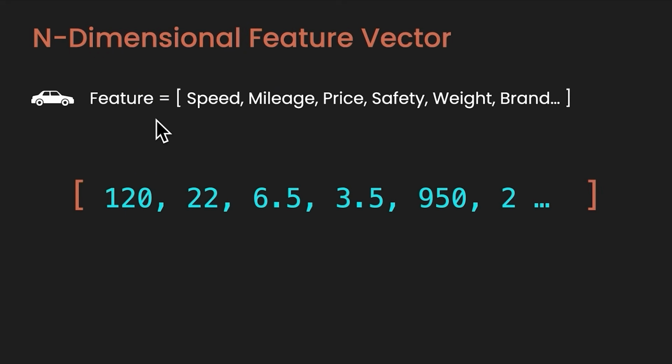Now the thing is that in real-world machine learning systems, we don't stop at three features. We will learn later on that embedding models can support up to 3000 dimensions nowadays. So those are extremely high-dimensional vectors. A car can be represented with many more attributes. We can consider the car's safety, its weight, its brand, and we can just use an n-dimensional feature vector to represent all its features.